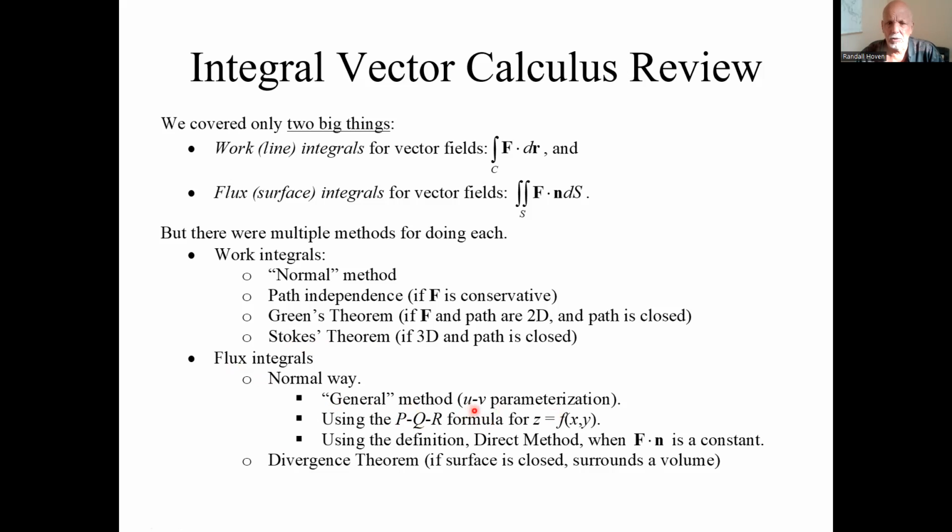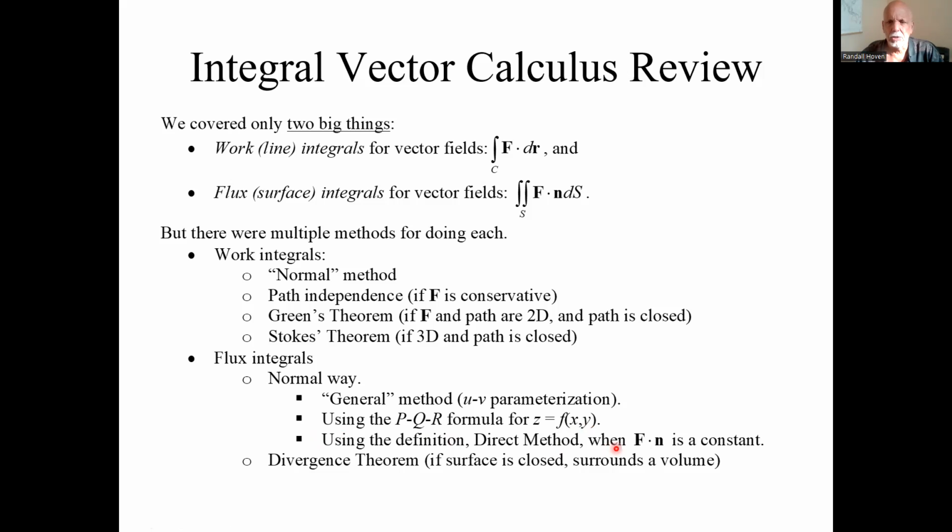The general method is where you have to do some parameterization. But if the surface can be expressed as z is a function of x and y, use what I call the PQR formula. And actually, there's two more that could be done if you just want more formulas, where either of the three variables is a function of the other two.